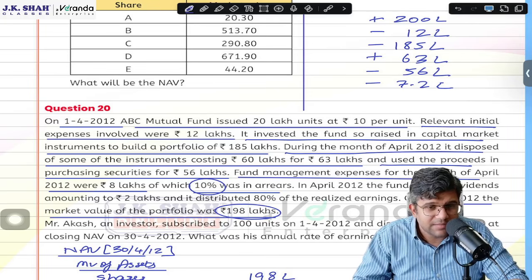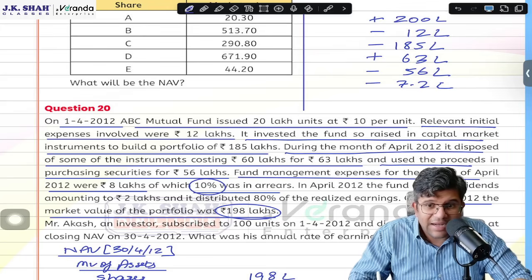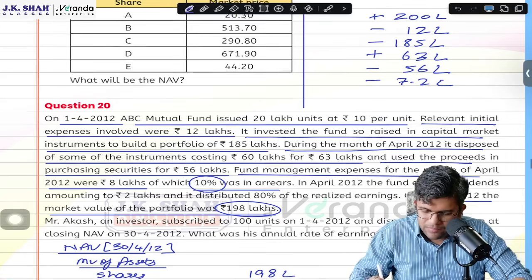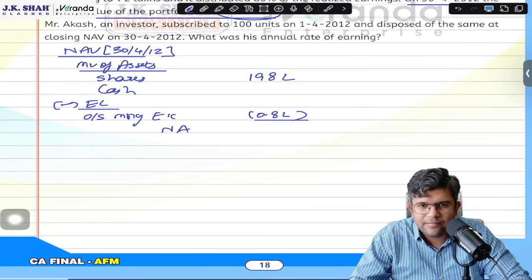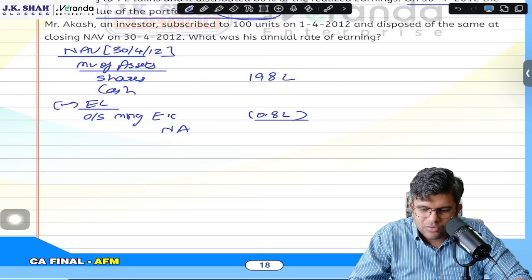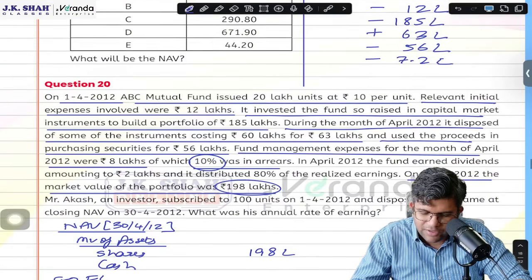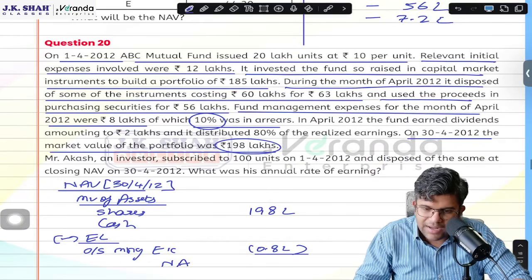Because can I say in this month, the cash that went out was only 90% of 8 lakh. And the 10% which is yet to be paid. Everyone clear? There is going to be this outstanding liability. So that is the bifurcation of your 8 lakhs. Next.